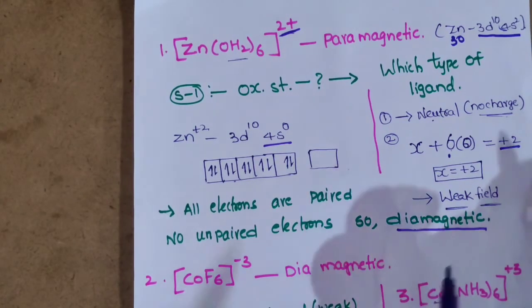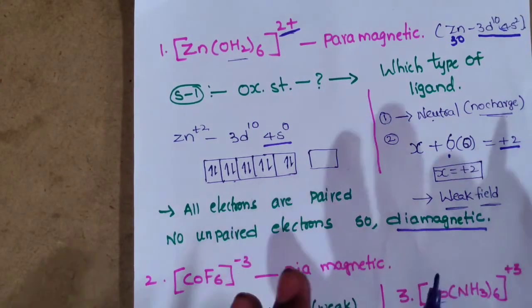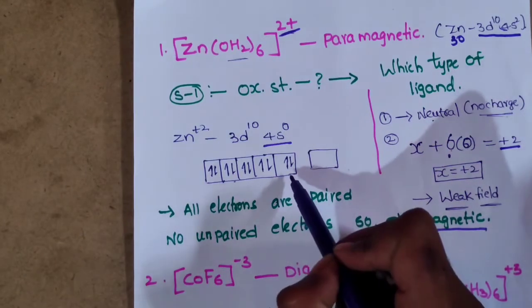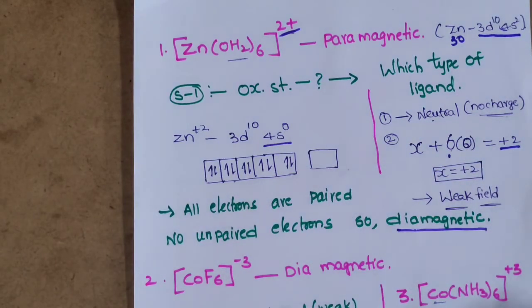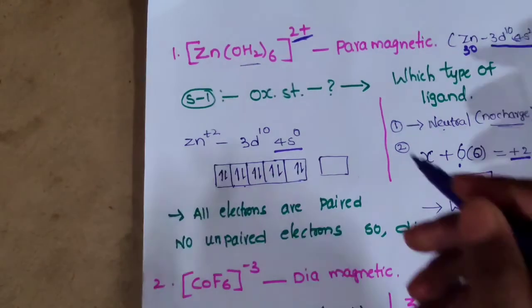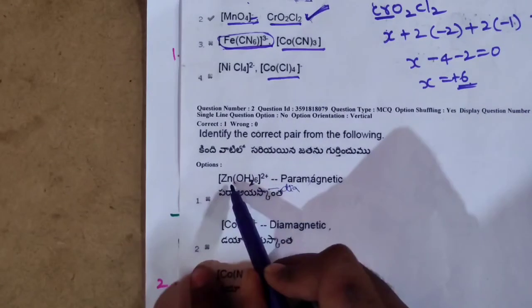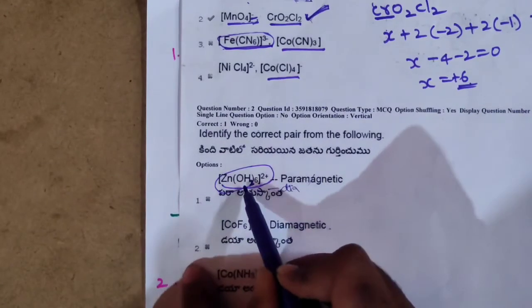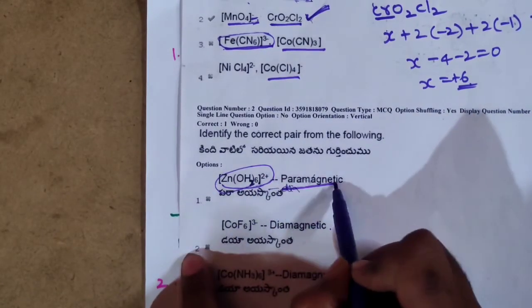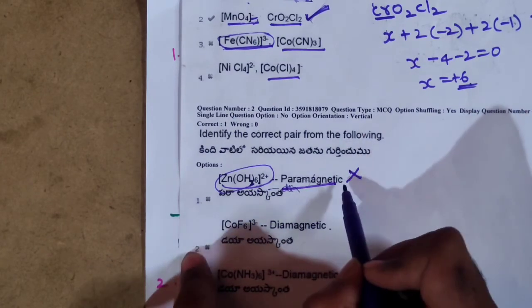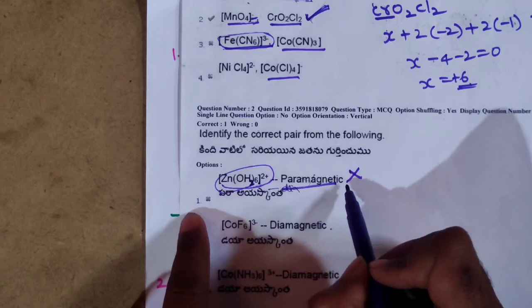But here there are no unpaired electrons in the orbitals, so it is diamagnetic. So the first pair mentions this particular complex is paramagnetic, but the statement is wrong, so our option 1 is not correct.